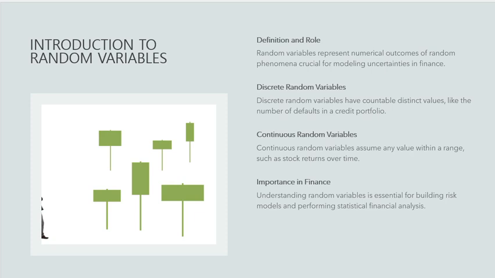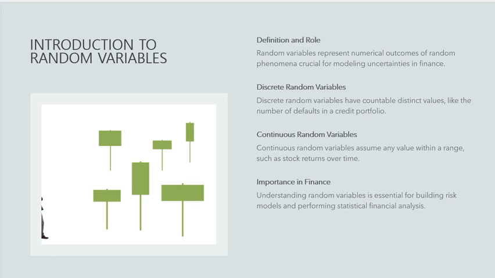Understanding the nature and behavior of random variables is essential for building robust risk models and performing accurate statistical analysis in financial applications. So that's the importance of the random variable.